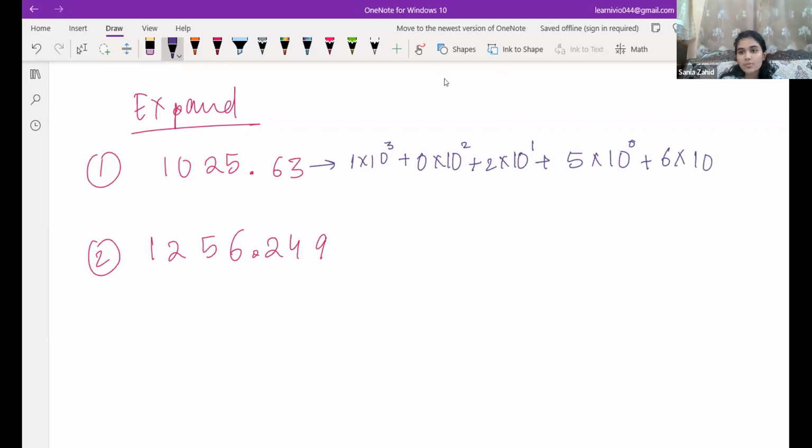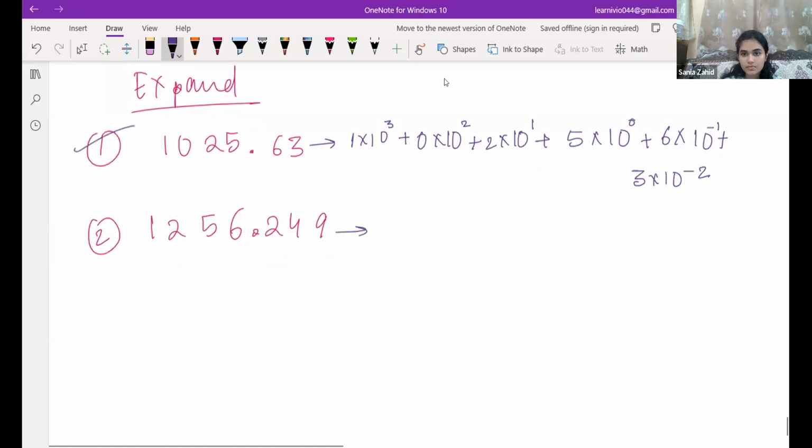So 1 by 10 is how much? 10 to the power minus 1. Plus 3 into 10 to the power minus 2. Yeah, that's correct. Good.